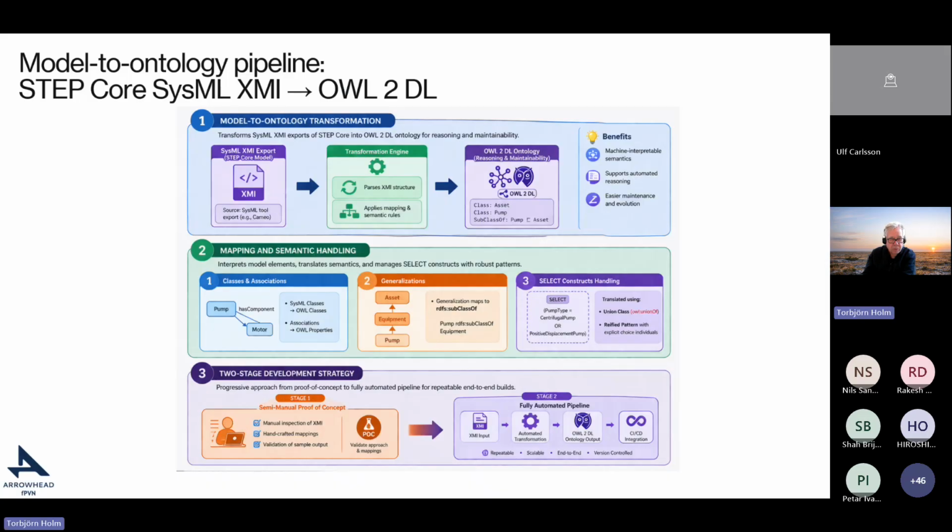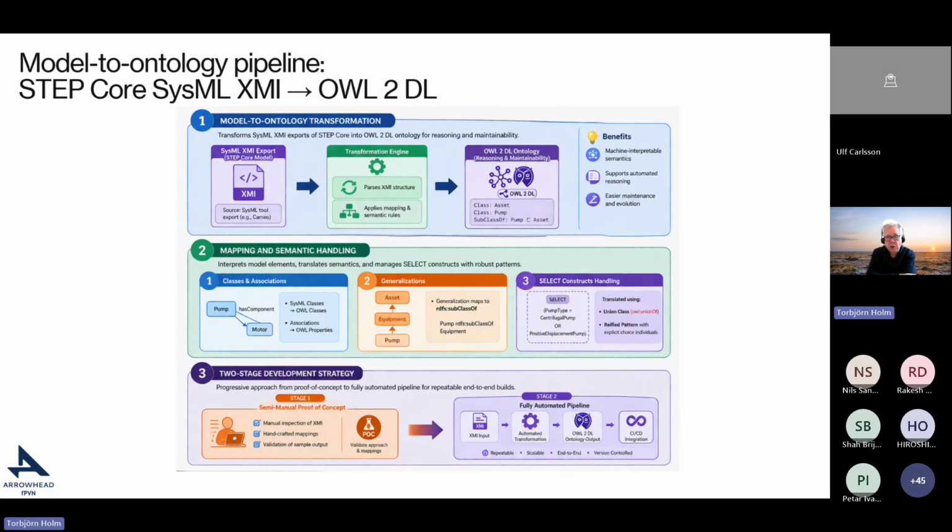Methodology and the proof of concept. So from the beginning, we had an idea that we should use this XMI, and we had the idea to do it by parsing XMI structures and creating our AP242 ontology. I talked about that before.